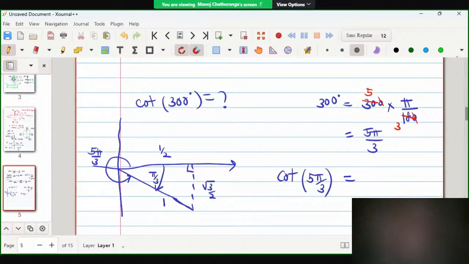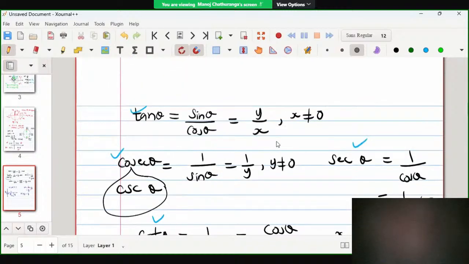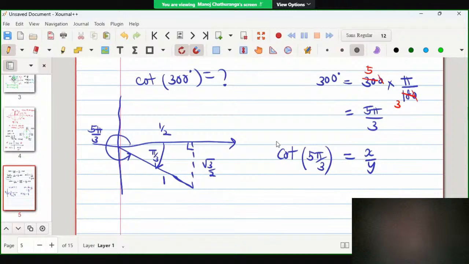Cosine means the x-coordinate. X-coordinate is positive 1/2, divided by sine, the y-coordinate, which is now negative.